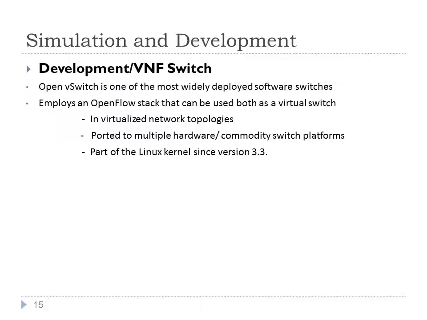And it can be used both as a virtual switch in virtualized network topologies, and it has already been ported to multiple hardware or commodity switch platforms. An additional thing is that it is a part of the Linux kernel since version 3.3.2.